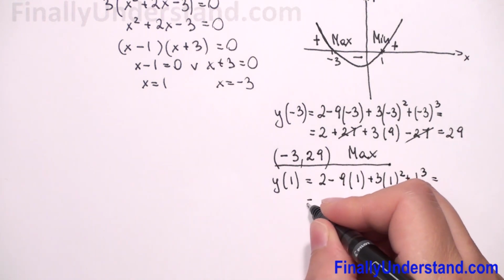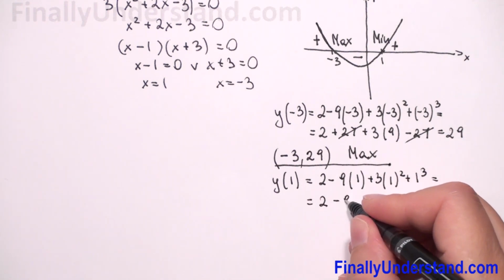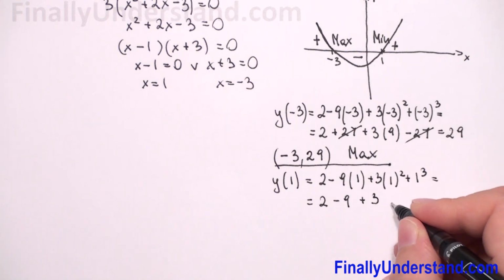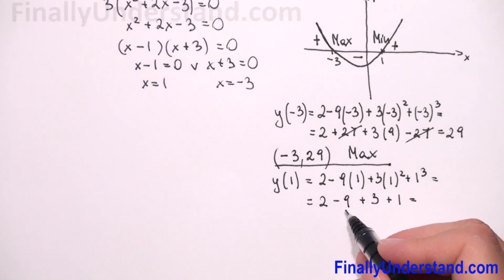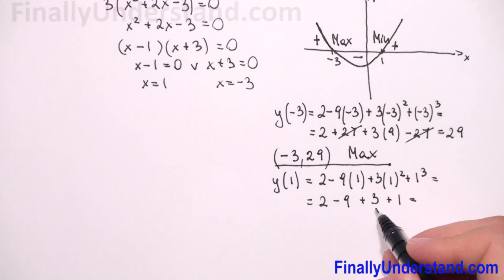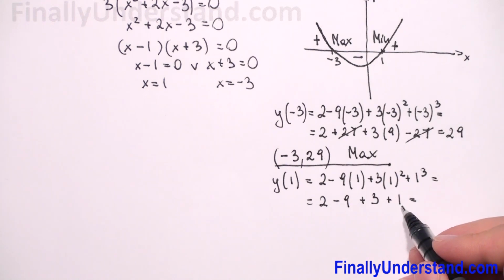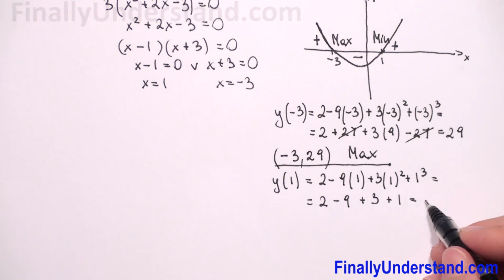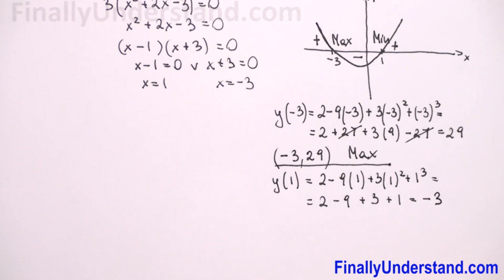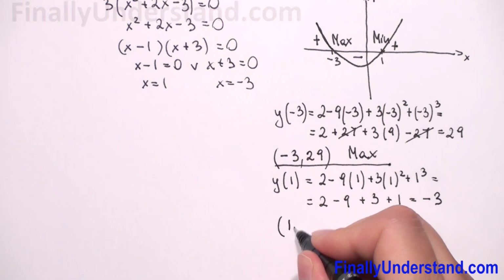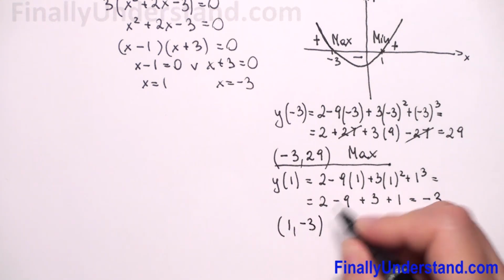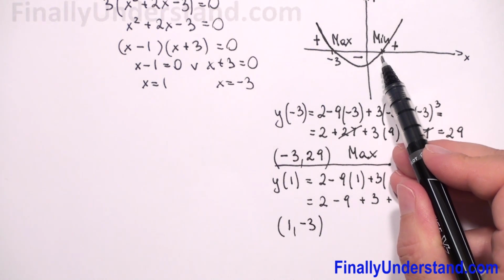This is equal to 2 minus 9 plus 3 plus 1. 2 minus 9 is minus 7, plus 3 is minus 4, plus 1 is minus 3. So we have our minimum at 1, negative 3. At 1 we have a minimum.